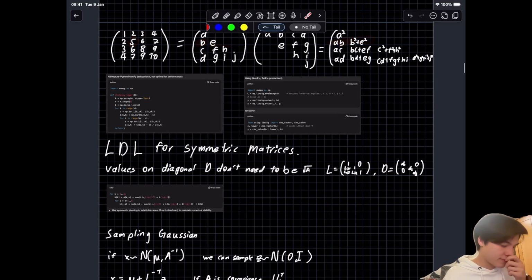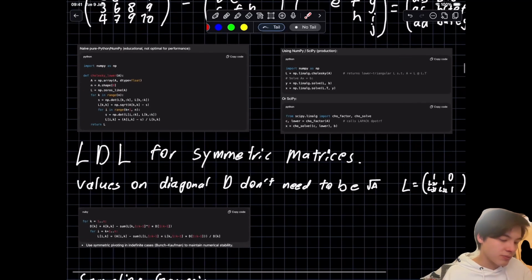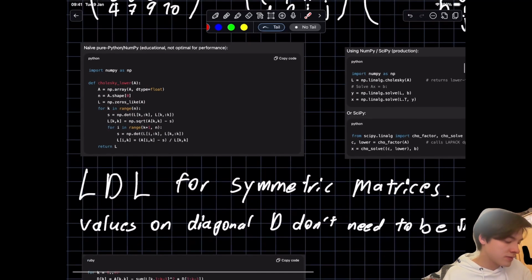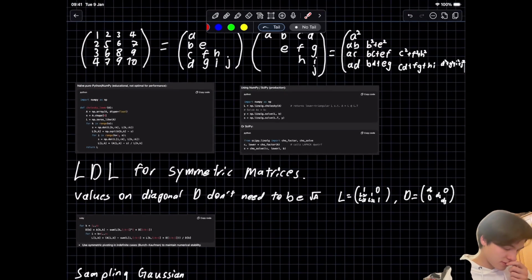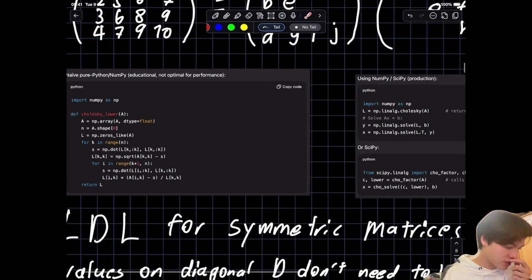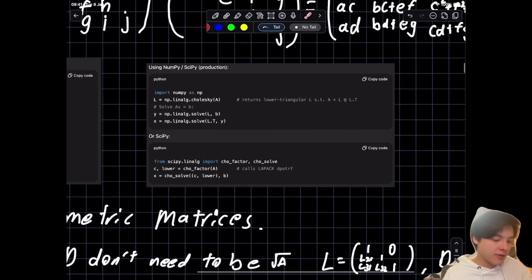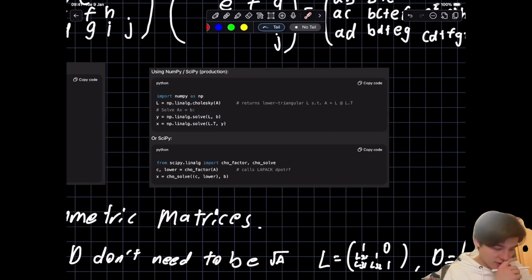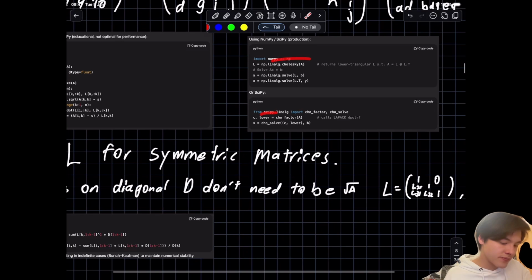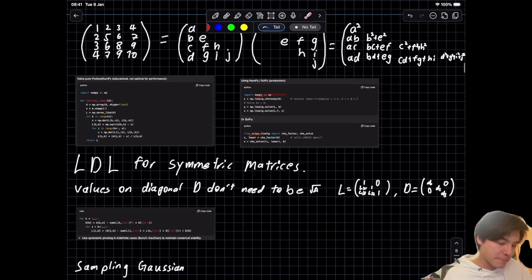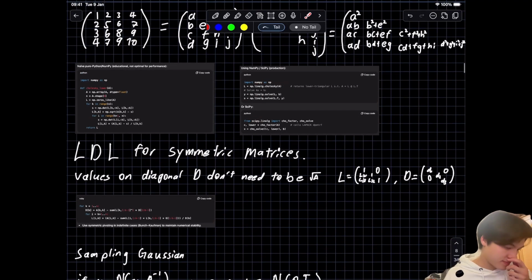So this would be different code, how it would look and how we would use it in Python. NumPy has it, or SciPy.